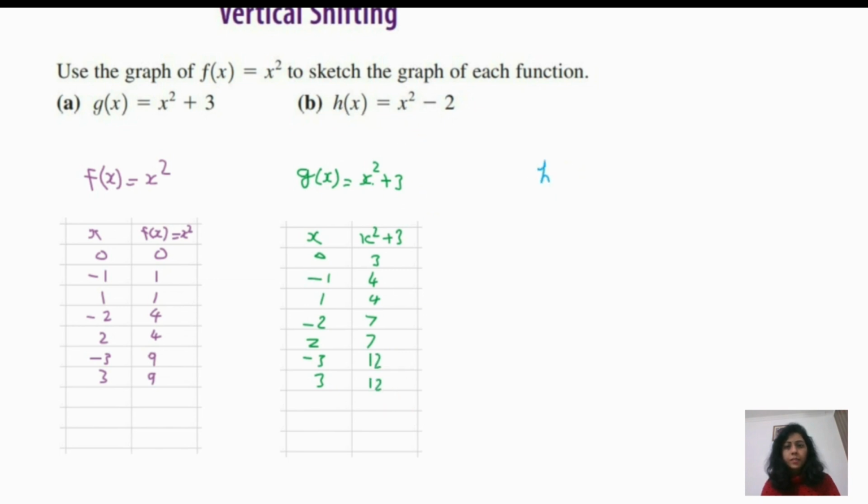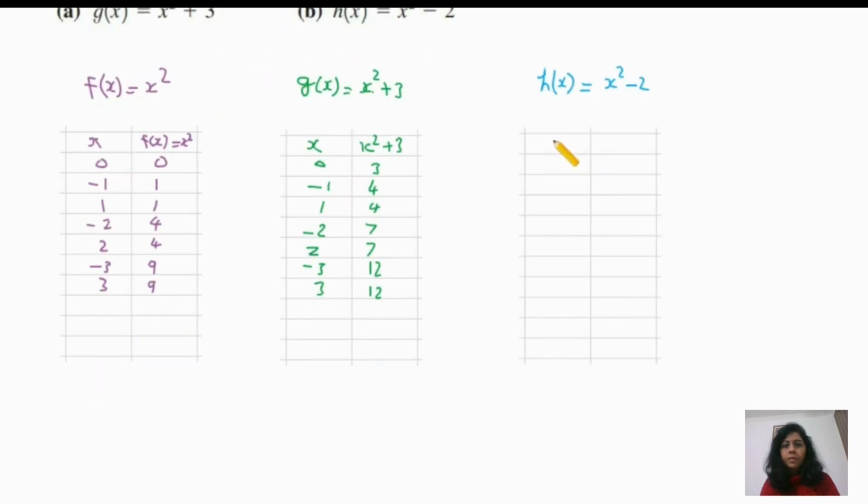And for h(x), this x² - 2. For this table, x and h(x), here given x² - 2. So for 0, 0 square 0, 0 minus 2, or we can subtract 2. For minus 1 and 1, we put here, so we get 1 minus 2, minus 1.